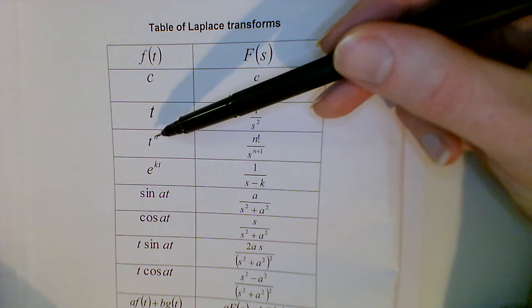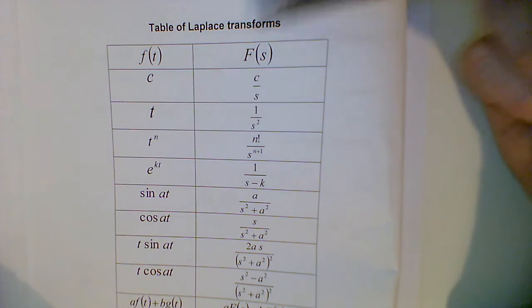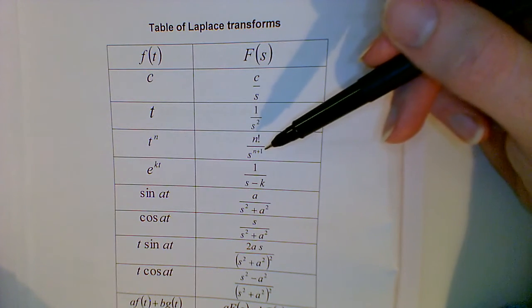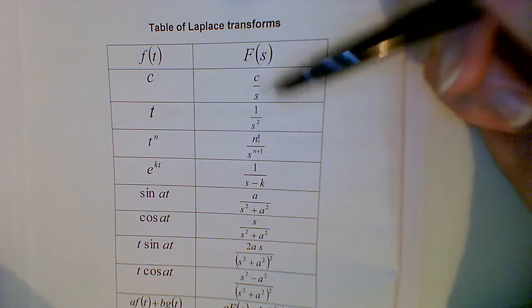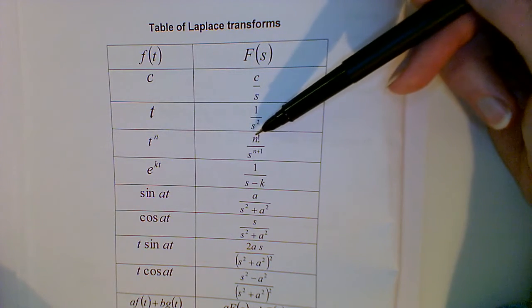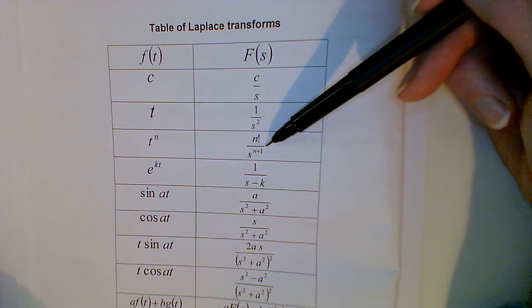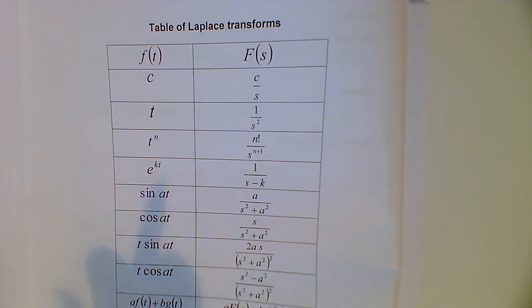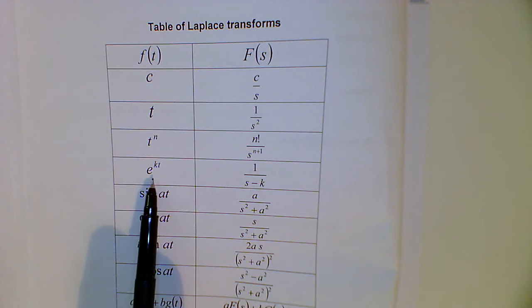If you want to find the Laplace transform of t to any other power, it's that power's factorial over s to the power of that power plus 1. So if it was t cubed, it would be 3 factorial over s to the power of 4, because you add 1 on.